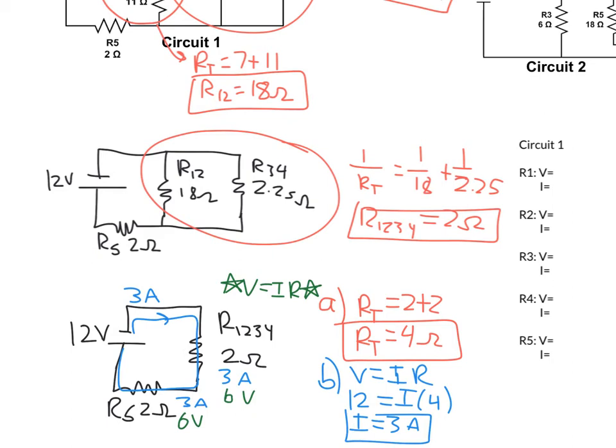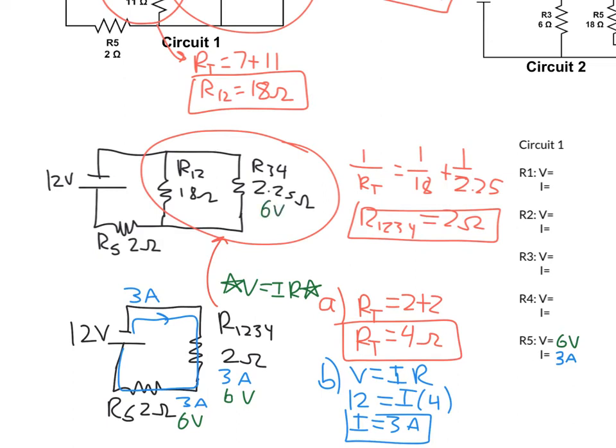Now R5 was the original resistor there, so I'm going to fill in my chart over here saying it's 3 amps and 6 volts, and then I'm going to take this R1234 and we're going to step it back one. That came from combining those two in parallel, which means that each one of those resistors will get 6 volts.